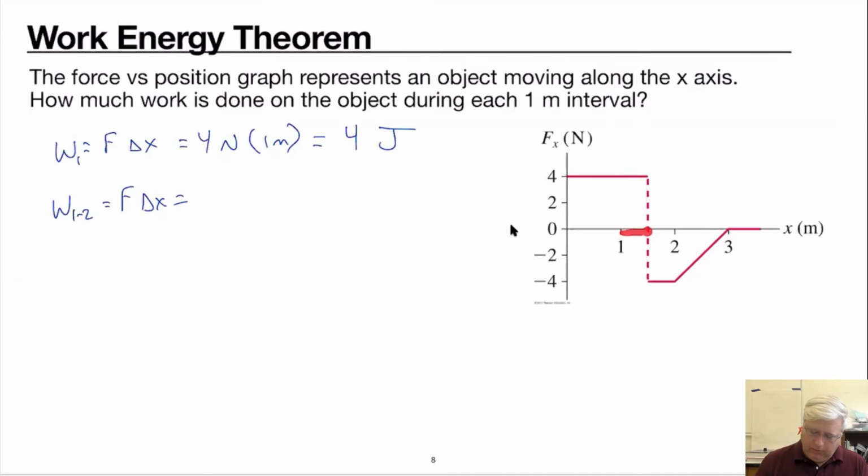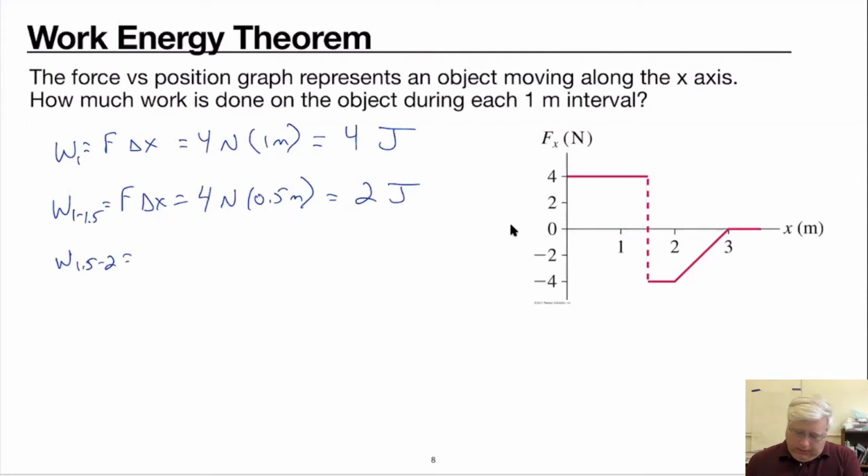Between 1 and 1.5, we still have that 4 newton constant force applied. So let's do between 1 and 1.5 first. It's the 4 newtons for half a meter, so that will give us 2 joules. And then the work from 1.5 to 2.